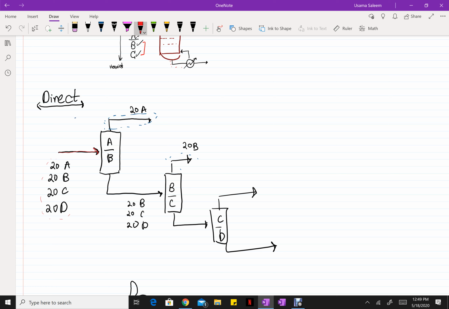There's going to be higher operating costs, higher reboiler duty, higher condenser duty. So those are the things that need to be kept in mind when coming up with a design. So the first column processes 80 moles of fluid. The second column processes 60 moles of fluid, and the final column processes 40 moles of fluid.